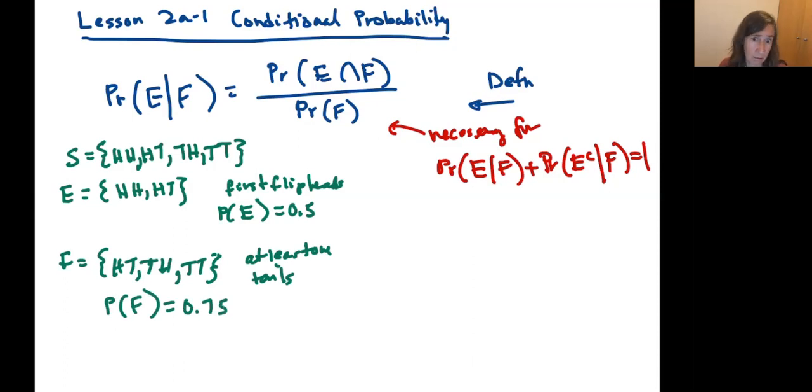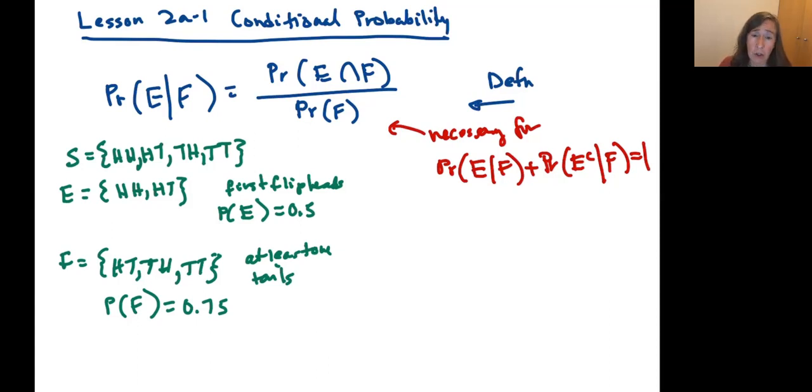Okay, so say we don't observe the coin flips, and initially I asked you what's the probability that the first flip is heads, and you know that the probability of each of those outcomes is a quarter, and so the probability of that event is 1/2. Fine, that's your probability of E. Now suppose I let you know that there is at least one tails. Does that change your beliefs about E?